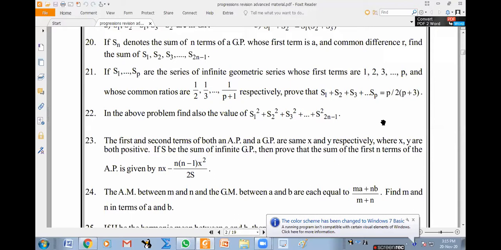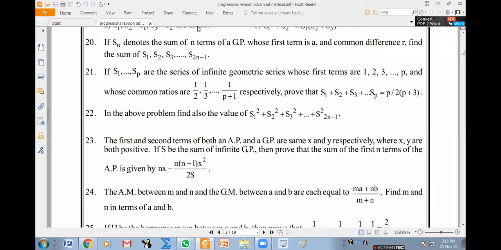If S is the sum of the infinite GP, then prove that the sum of the first n terms of the AP is given in terms of x and S. Okay.